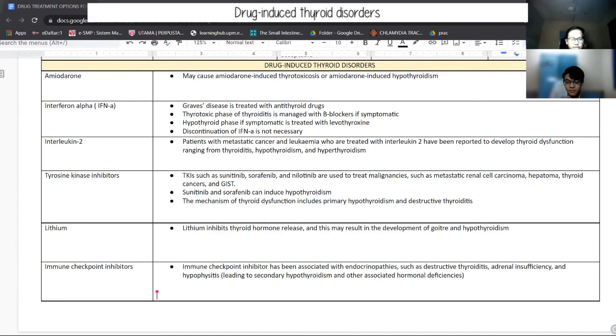And last but not least is immune checkpoint inhibitors, where immune checkpoint inhibitors have been associated with endocrinopathies such as destructive thyroiditis, adrenal insufficiency, and hypophysitis, which lead to secondary hypothyroidism and other associated hormonal deficiencies. Yeah, I think that's all from us regarding the drugs that can induce thyroid disorder.